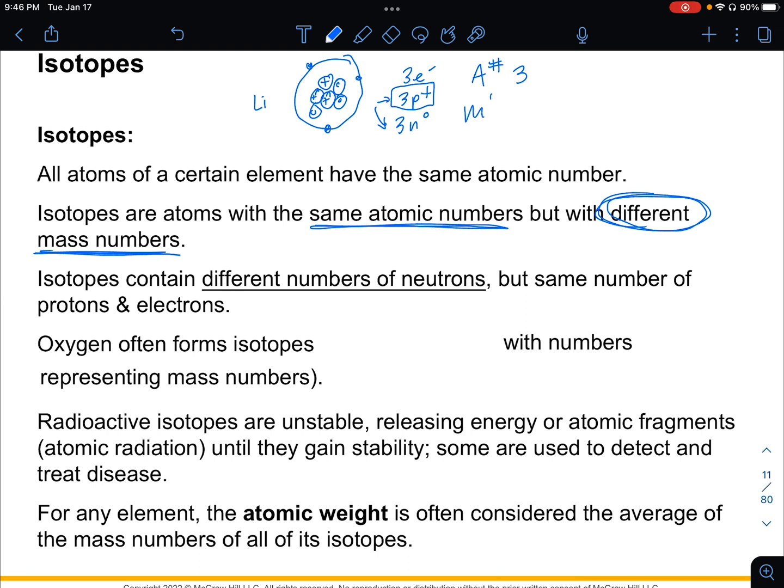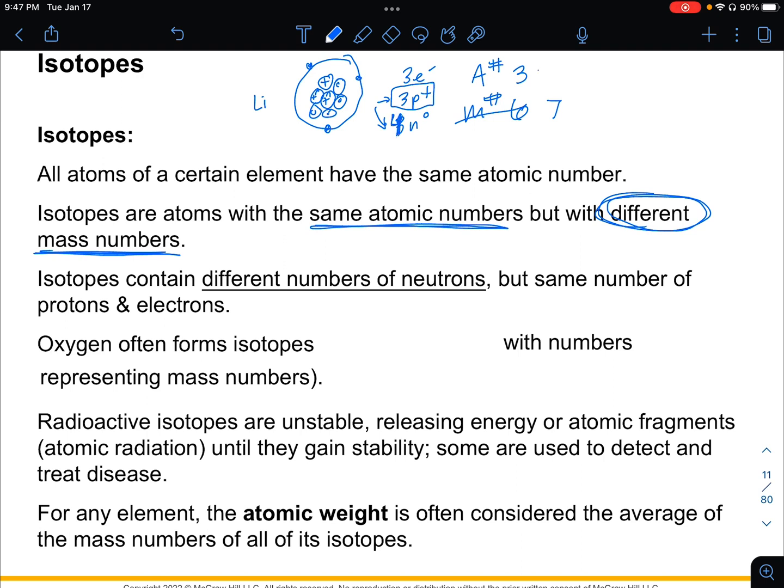So the mass number, it's going to be different because the protons and the neutrons have a different weight, but we'll just say it's 6. So if this is the normal number for a lithium atom, once we add that extra neutron, this is now going to change the mass number to 7 because we have 3 protons, 3 electrons, but 4 neutrons.